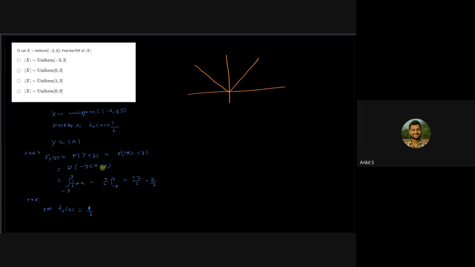To calculate this probability, we just need to know the distribution of x. We know the distribution of x: its PDF is 1 by 6 because it is uniform. So we just integrate between minus y and plus y. We get the CDF. And to calculate the PDF, we just differentiate it, and we will get the value of the PDF.